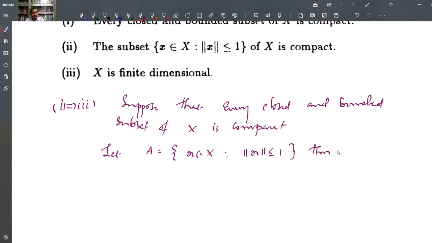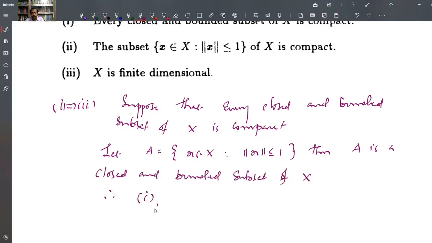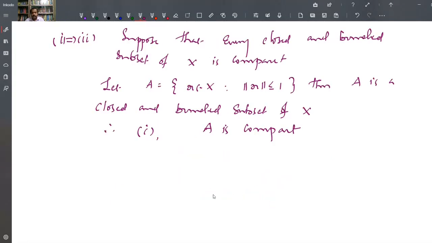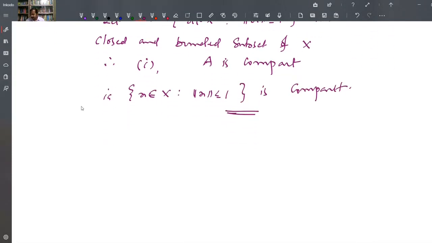Then A is a closed and bounded subset of X. Therefore, by 1, A is compact. That is, the set of all x belonging to X such that norm x is less than or equal to 1 is compact. Now we prove 2 implies 3.